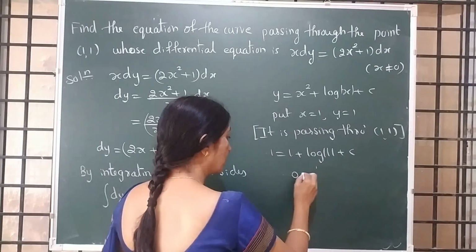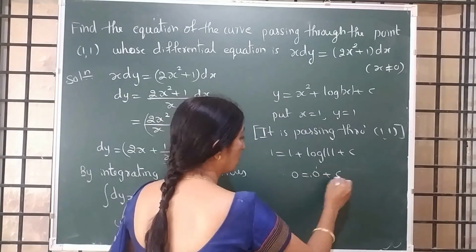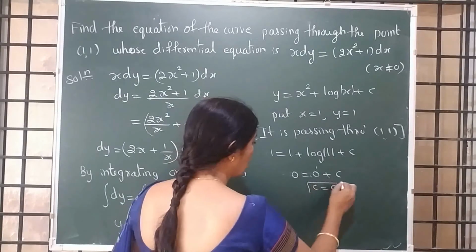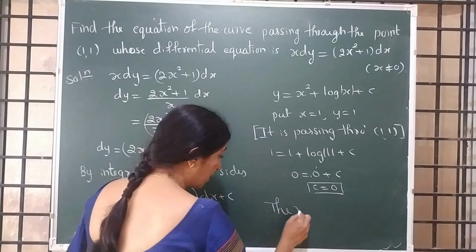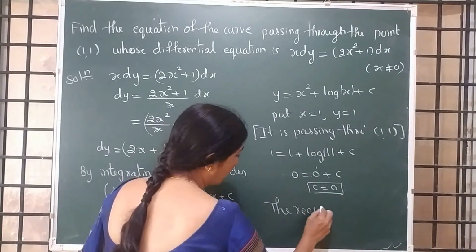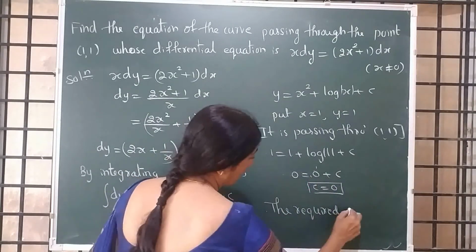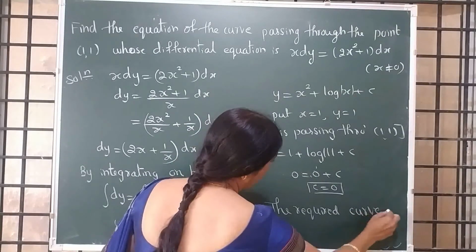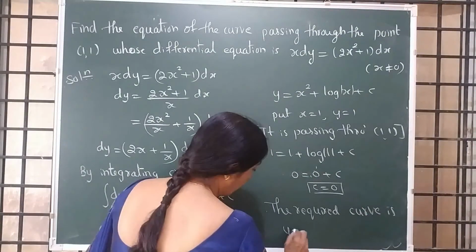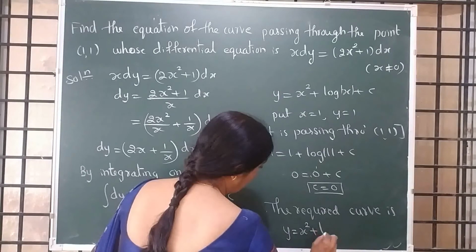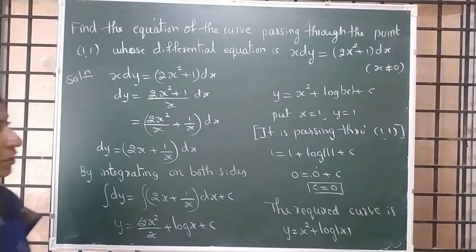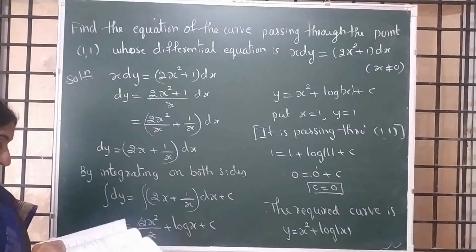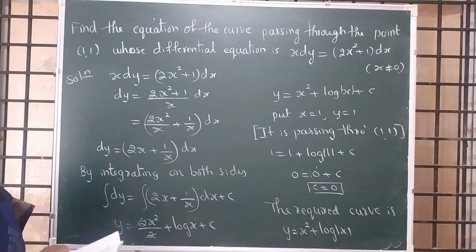So 1 equals 1 plus 0 plus c, so c is equal to 0. Therefore, the required curve is, instead of writing particular solution, use this word, required curve is y is equal to x square plus log x. If you want, you can write mod x or only simply x.